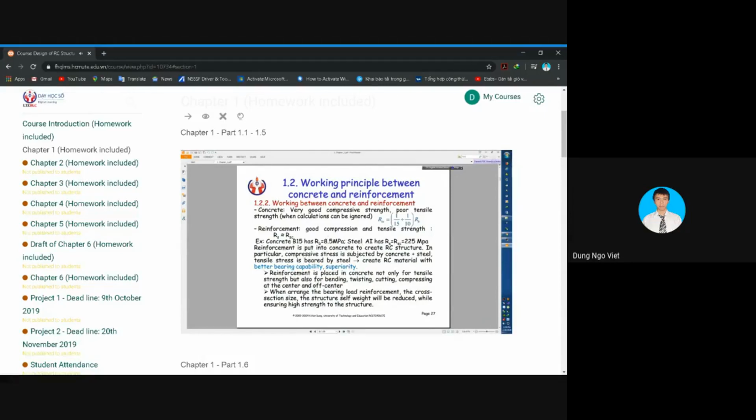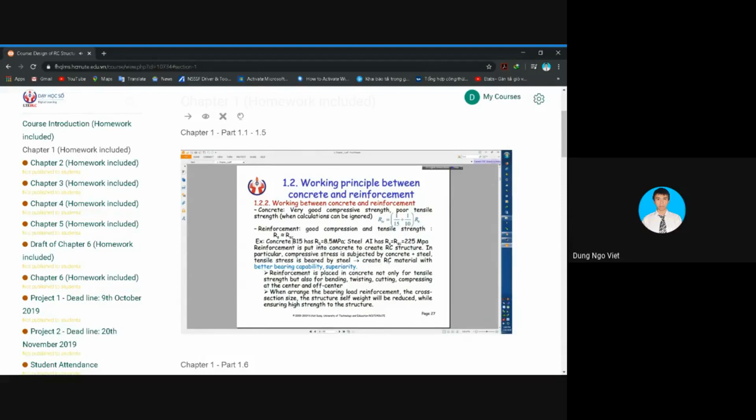So because of the properties, concrete has a very good compressive strength, and reinforcement has good compressive and tensile strength. So people came to the idea that reinforcement is put into concrete to create reinforced concrete structure.